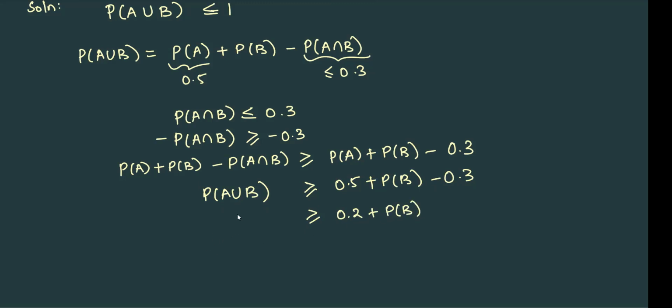Now P of A union B is greater than 0.2 plus P of B, but this itself is less than 1, right?